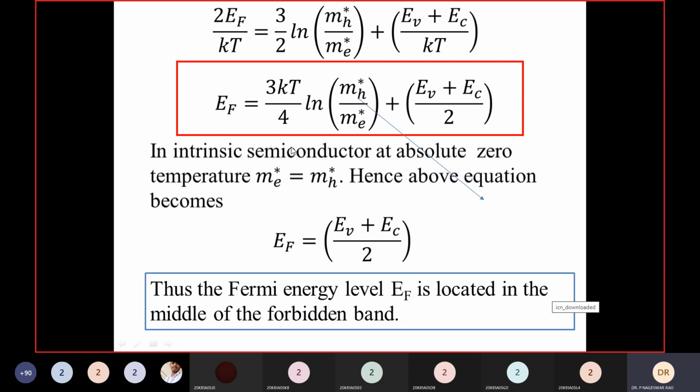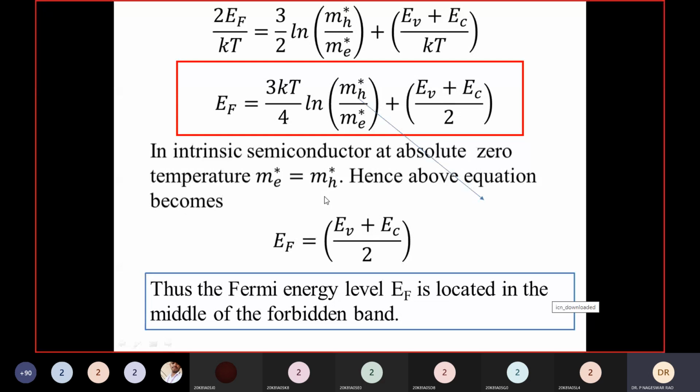Now at absolute temperature, 0 Kelvin, what are we getting here? me is equal to mh: the mass of the electron is equal to the mass of the hole.